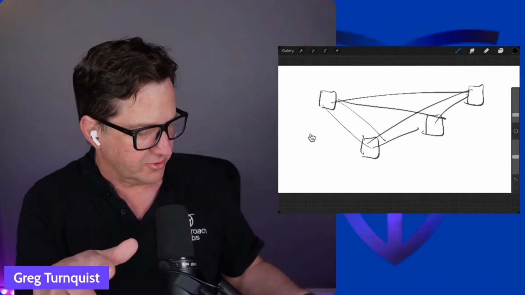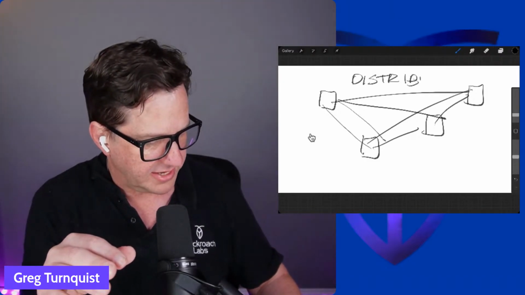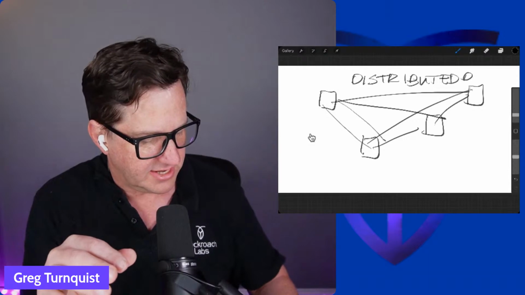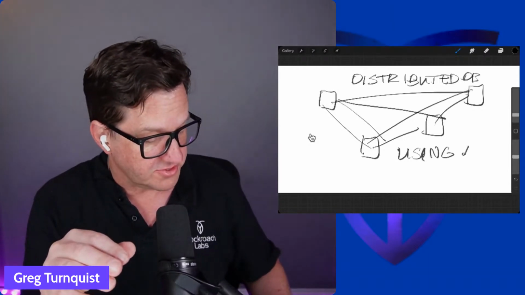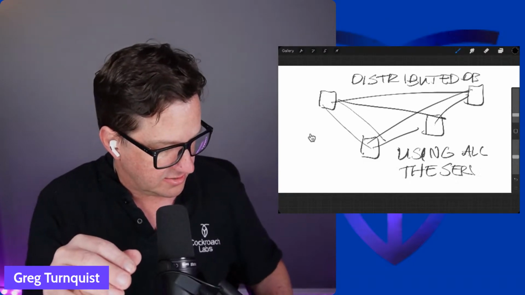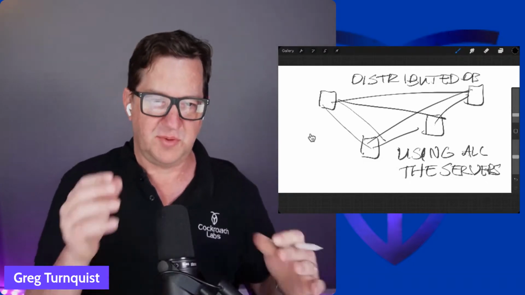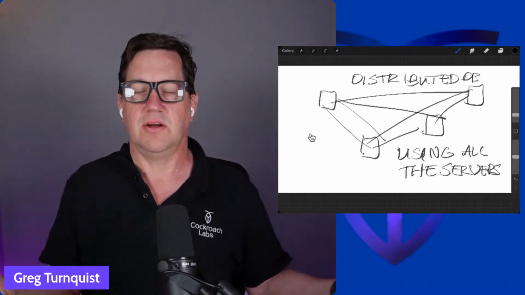There's not a scenario in a distributed database. Let me type this, let's write distributed on the page here. A distributed database where I'm using all the servers, because the idea of somebody being active and somebody being passive is gone. Okay, it's not there. It's distributed.